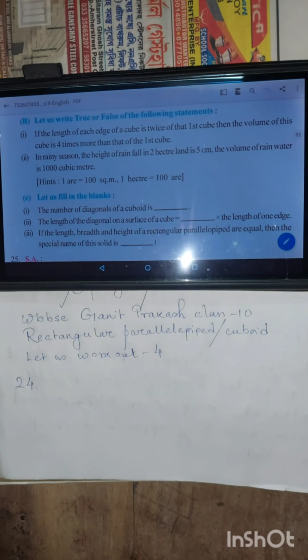B Roman 1, it says if the length of each edge of a cube is twice of that first cube, then the volume of this cube is 4 times more than the first cube.